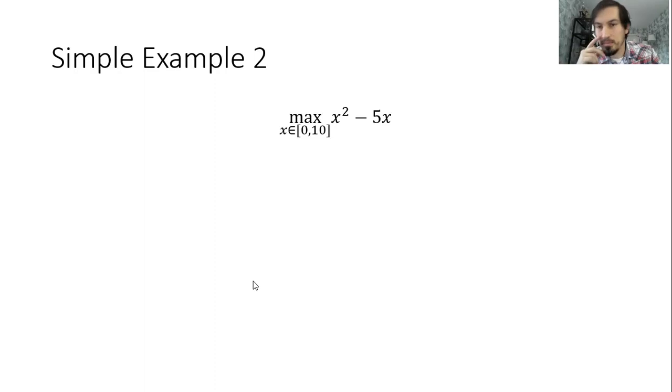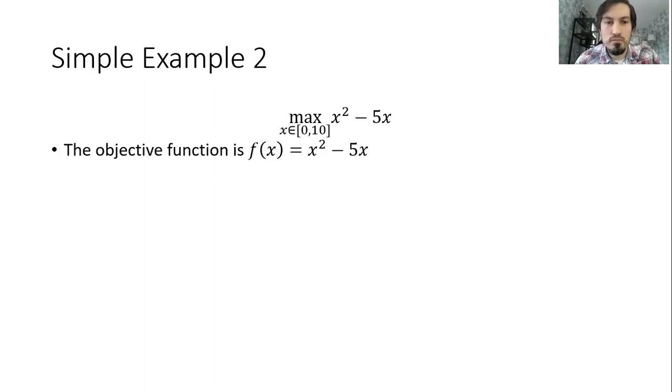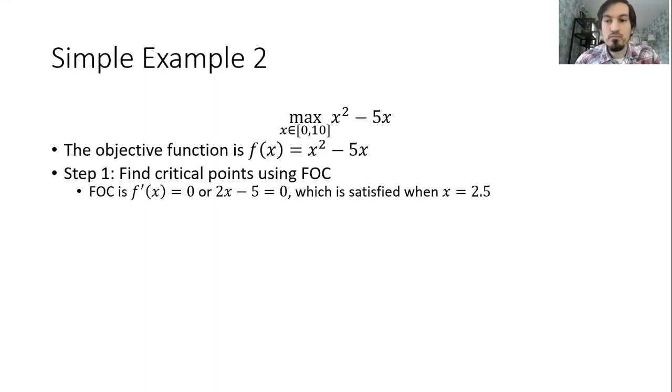How would I solve this example? Maximize over the interval 0 to 10 the function x squared minus 5x. I'll even get you started here. The objective function is x squared minus 5x. We find the critical points here.